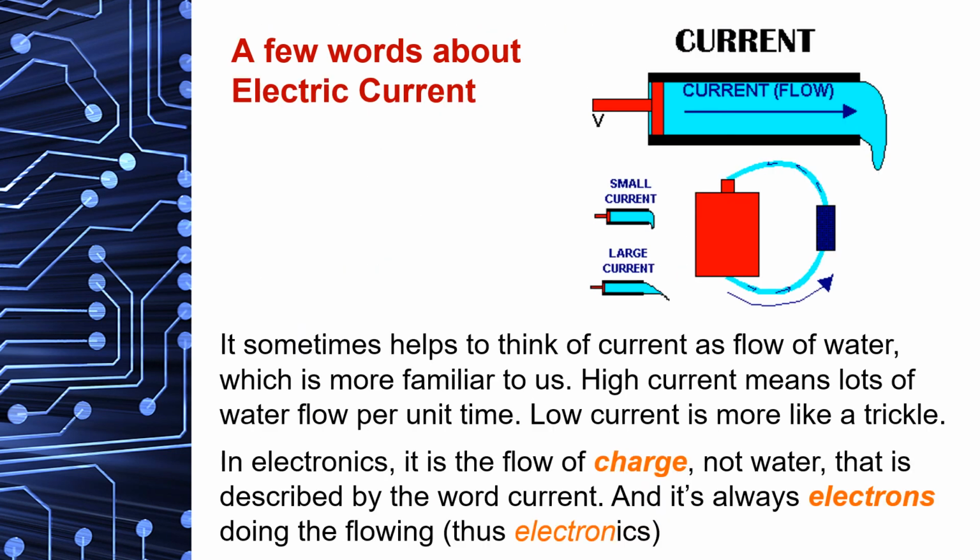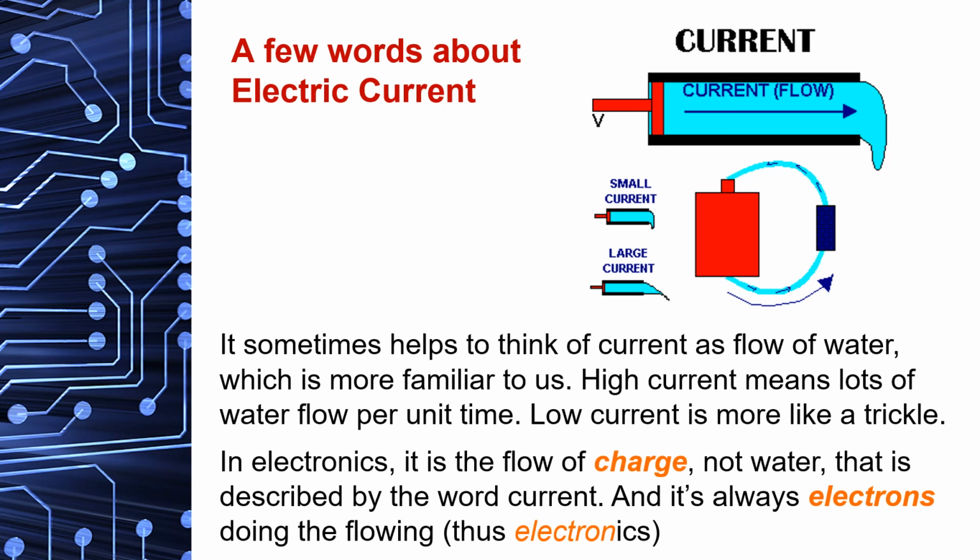If you're having trouble visualizing this, sometimes it helps to think of current in terms of water, which is a lot more familiar to us. You know that you can turn on your water faucet at home so that it just trickles, or you can turn it on the whole way so that lots of water comes out. And it's very similar in circuits with electrons. High current in water means lots of water is flowing.